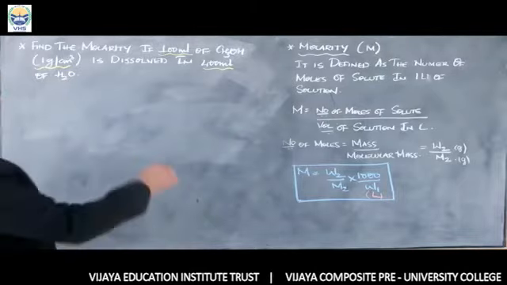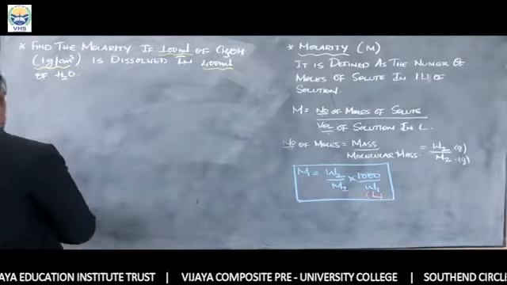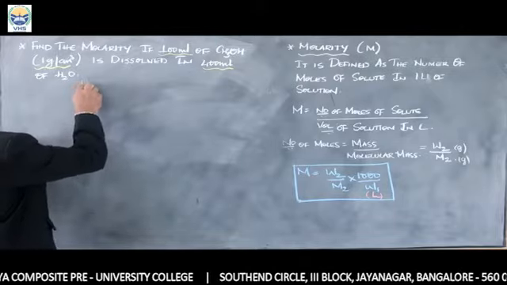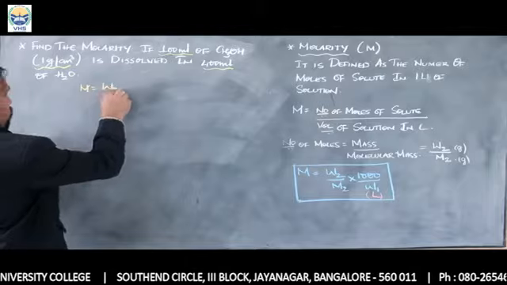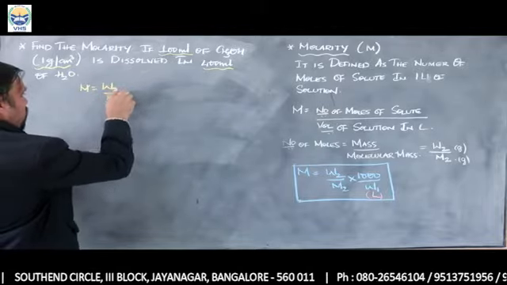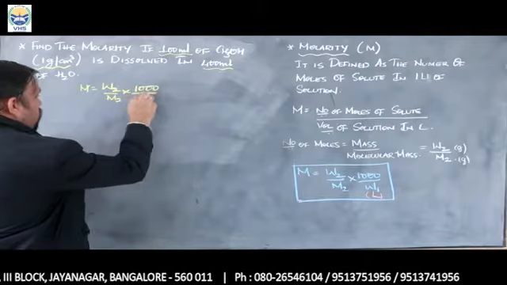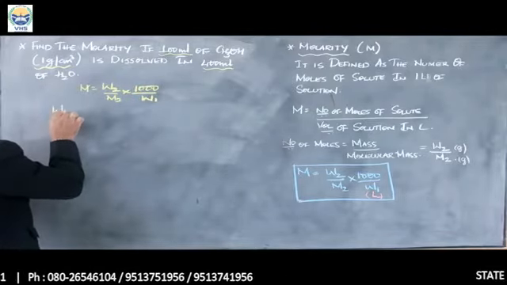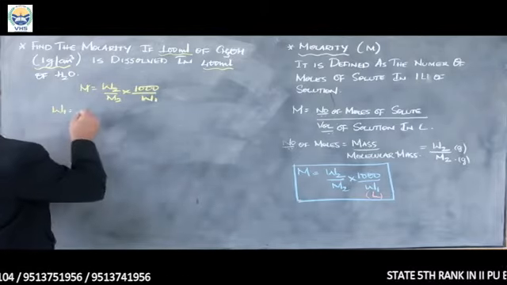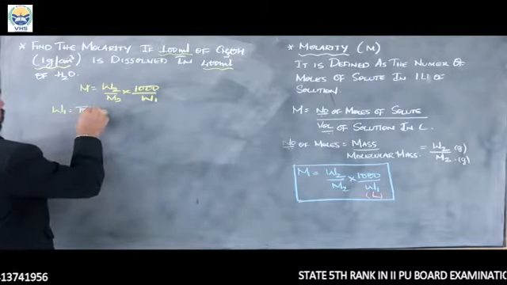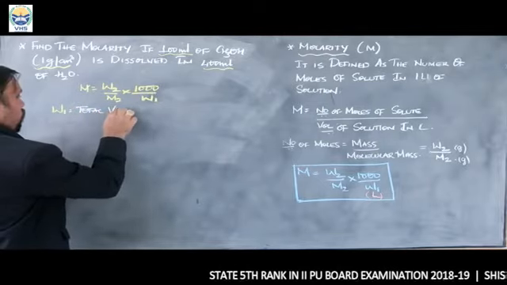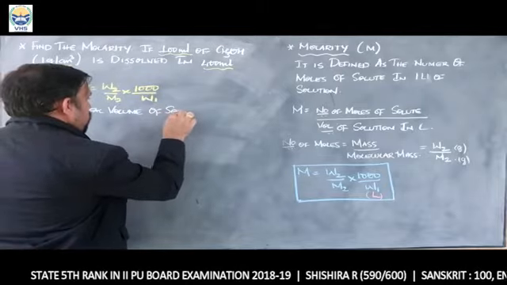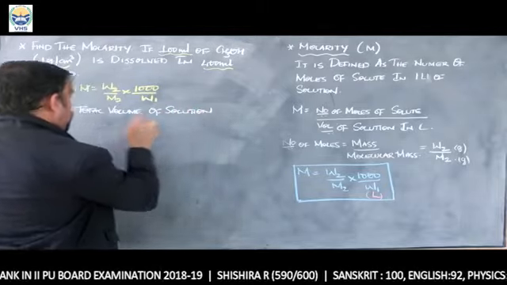So now you have to find out W1. What is W1? You know the formula: M is equal to W2 by M2 into 1000 by W1. So W1 is equal to the total volume, or the volume of solution, which is what?